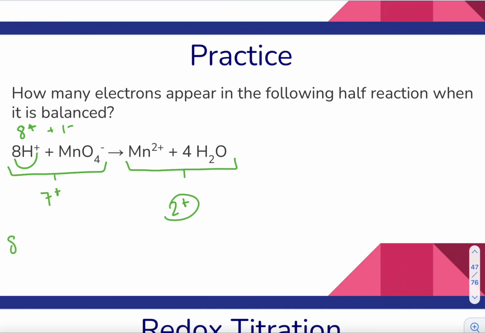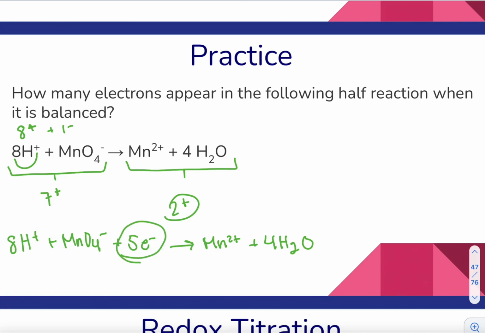So if I took this and added 5 electrons, I now have an overall charge of 2 plus on both sides of the equation. So the answer would be 5 electrons. And if I asked you on what side, you would say on the left or on the reactant side, which some of the practice questions will ask.